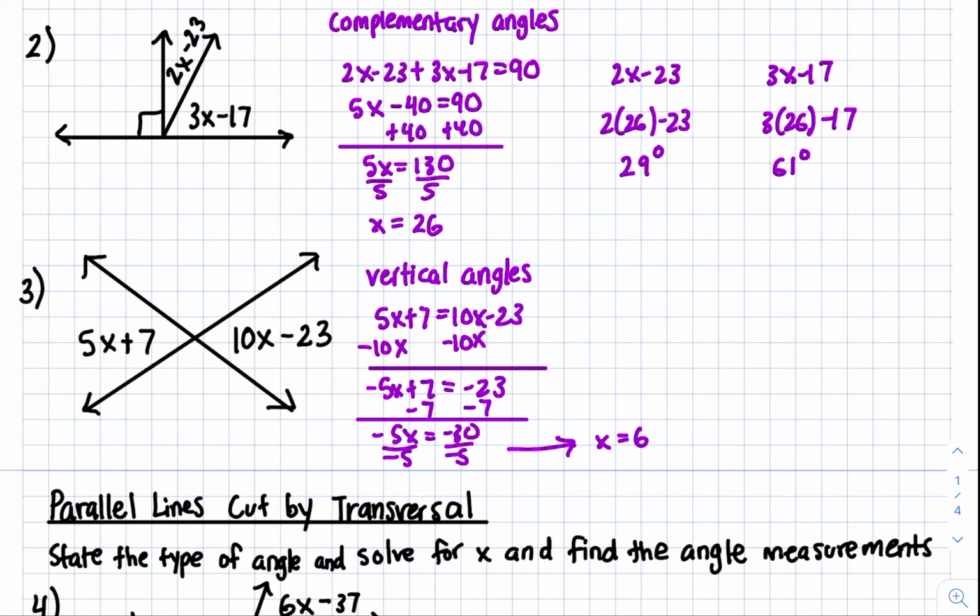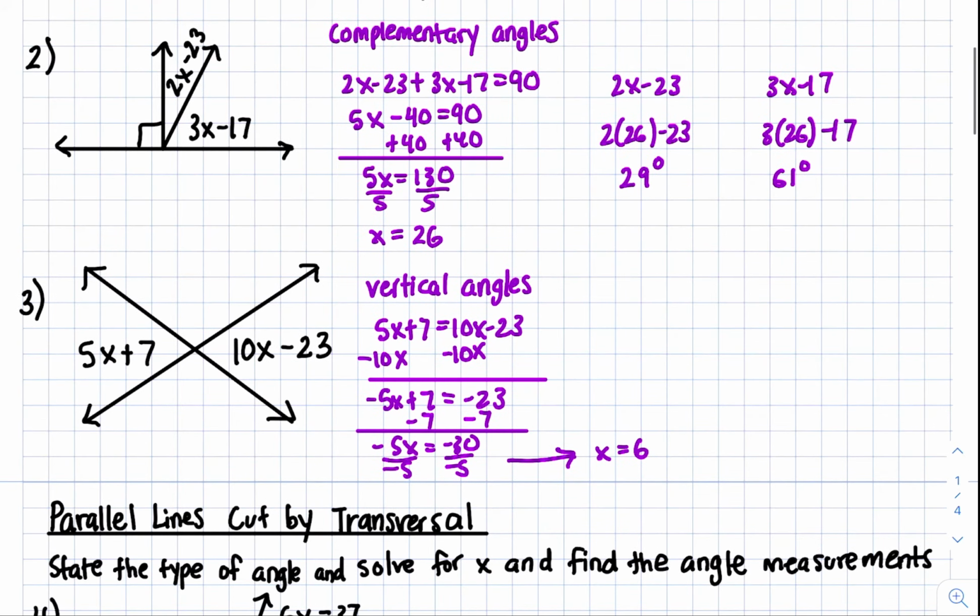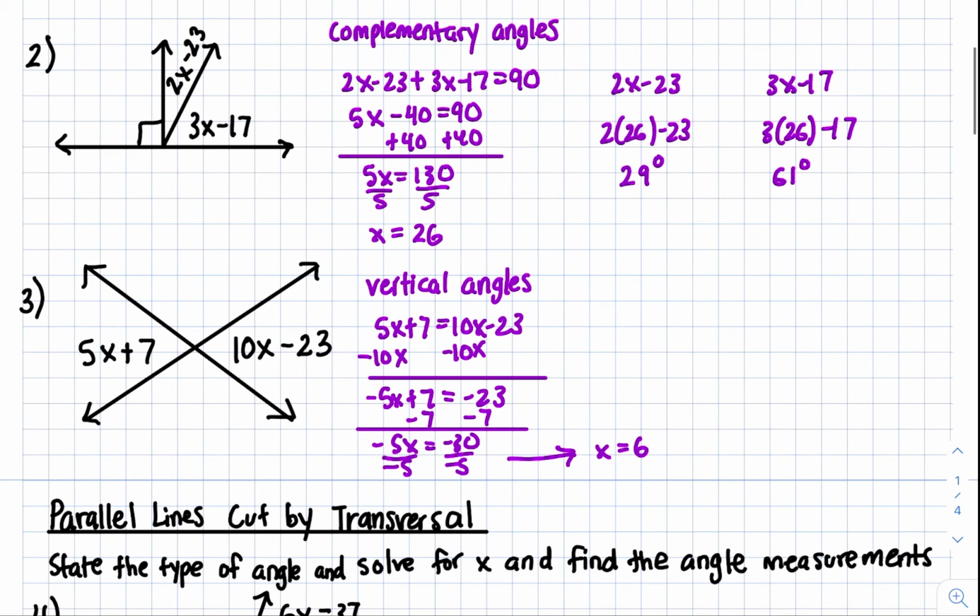Now, did you have to move variables to the left and constants to the right? No. You could have moved the variables to the right-hand side and the constants to the left. Even if you did that, you're going to get the same answer. So, after we solve for x, now find the angle measurements. 5x plus 7 is there, 10x minus 23 is there.